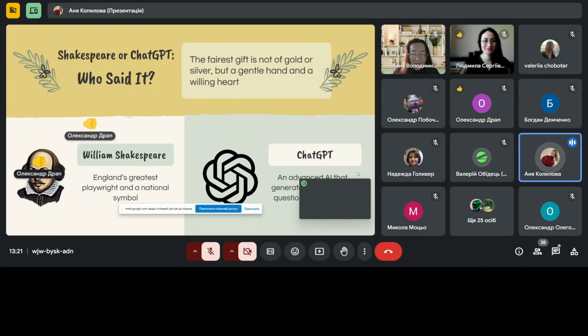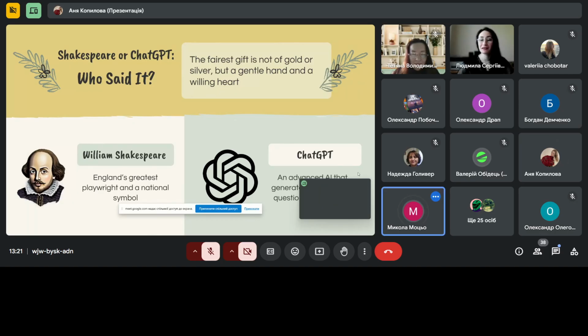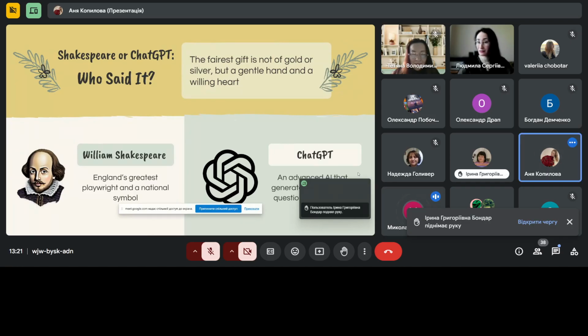Let's read another one. The favorite gift is not of gold or silver, but a gentle hand and a willing heart. Who do you think is the writer? Guys, any idea? William Shakespeare. I think it's ChatGPT.